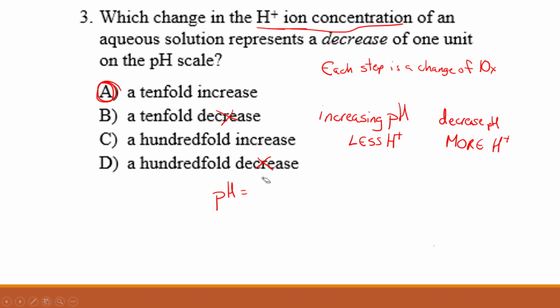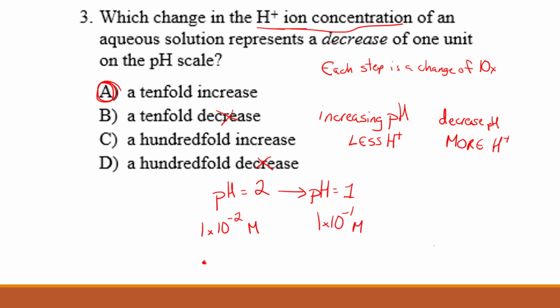A pH of 2 becomes a pH of 1. We want to see what H plus concentration change causes this. It starts as 1 times 10 to the -2 and goes to 1 times 10 to the -1.